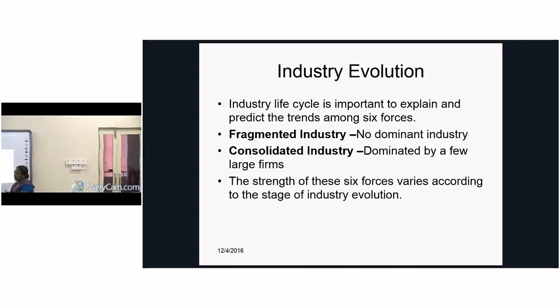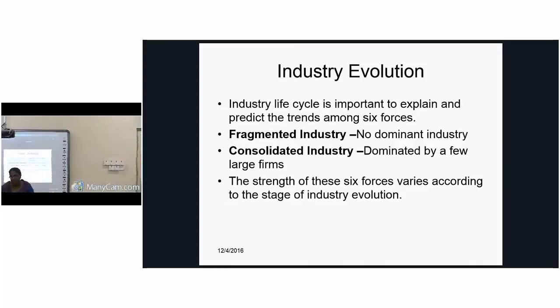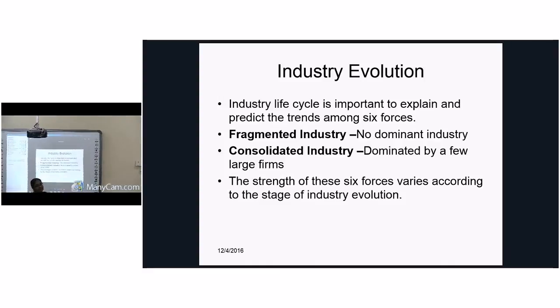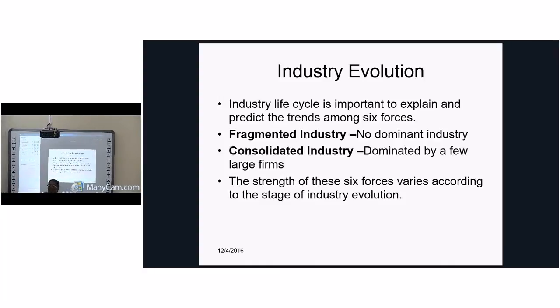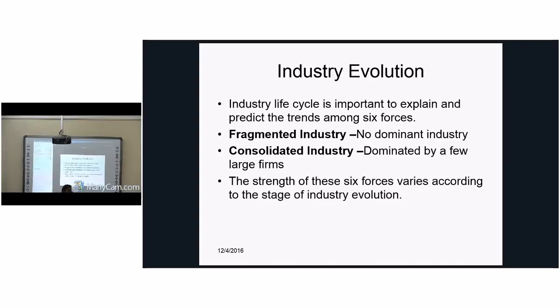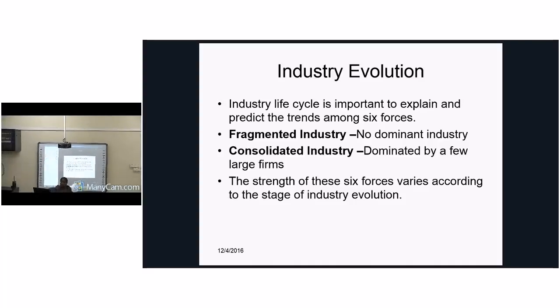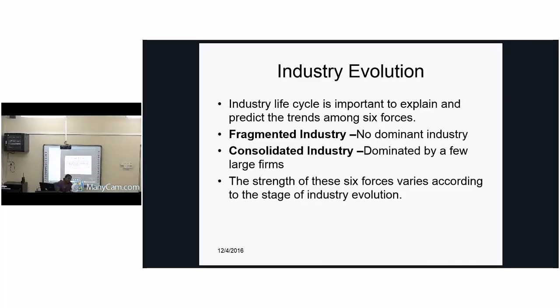Take the meaning of the word fragmented: no domination in the industry, no one is dominating, the industry is fragmented, right?